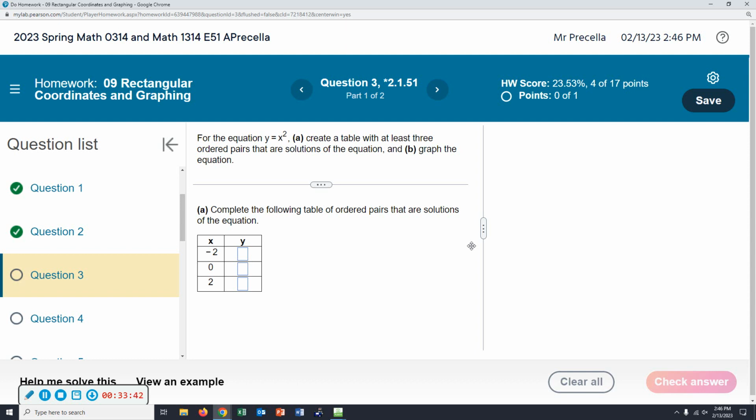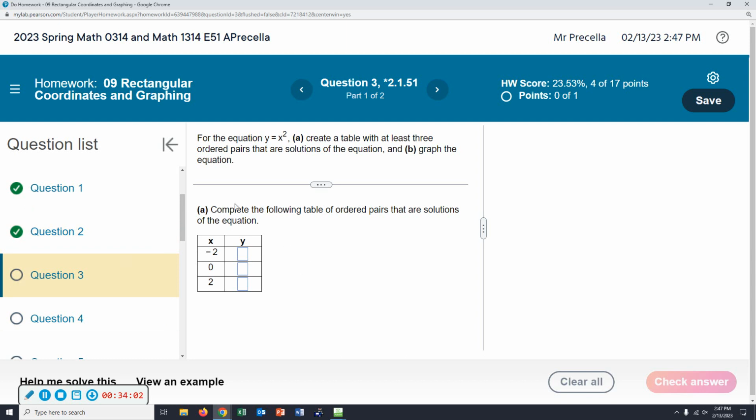It says, for the equation y equals x squared, create this table with at least 3 ordered pairs that are solutions. We're going to get exactly 3 ordered pairs and then graph it.